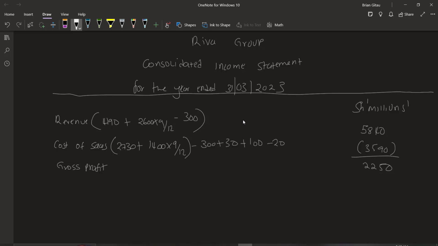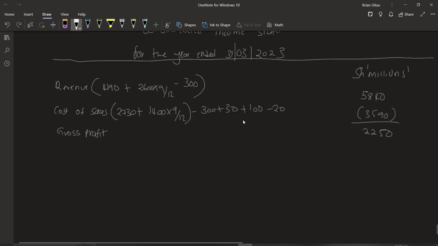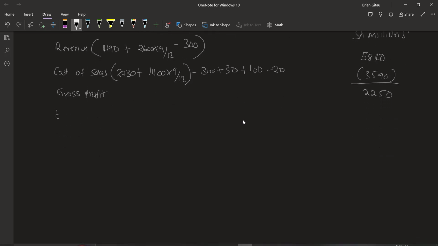And from the income statement, we have investment income, but it seems to be down below, so we need to get the profit on operations first. So let's go ahead and less the expenses.